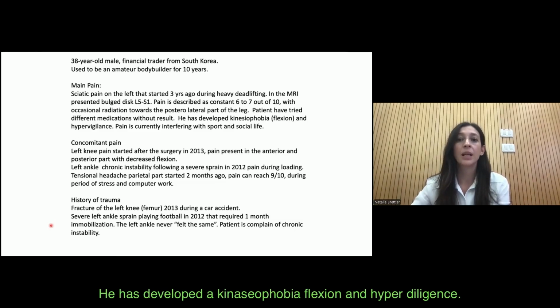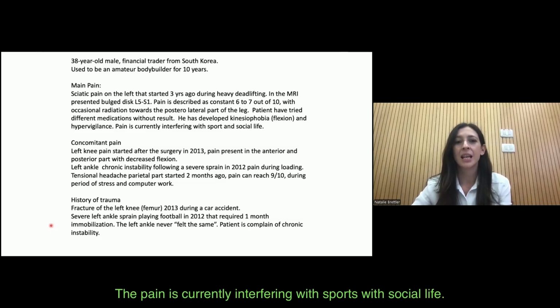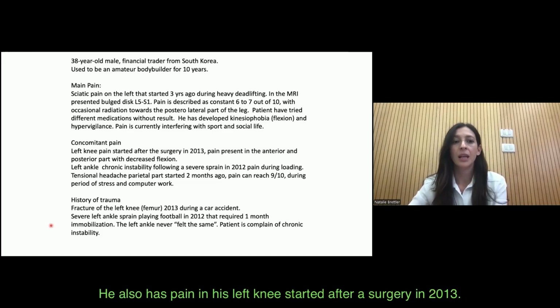He has developed kinesiophobia, flexion, and hypervigilance. The pain is currently interfering with sports and with social life. He also has pain in his left knee, which started after surgery in 2013.